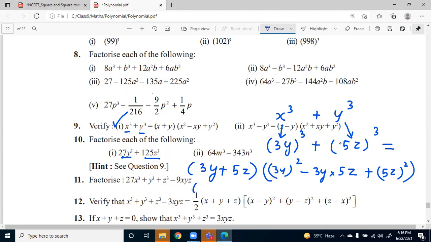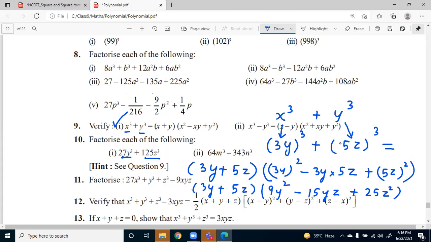Now if I solve it, 3y square is 9y square, minus 15yz, plus 25z square. So this completes the factorization.